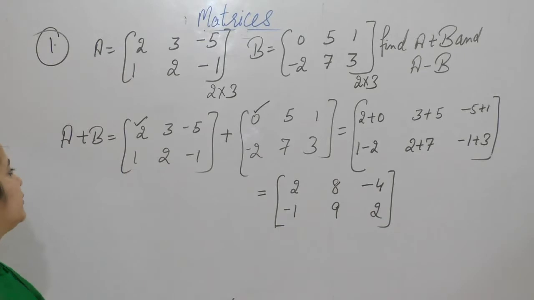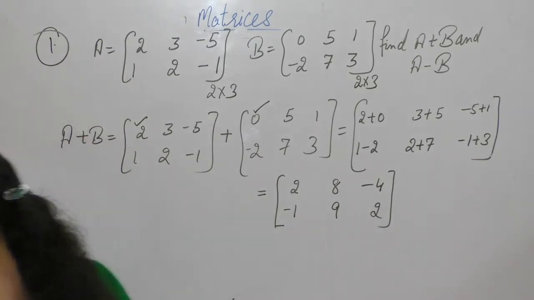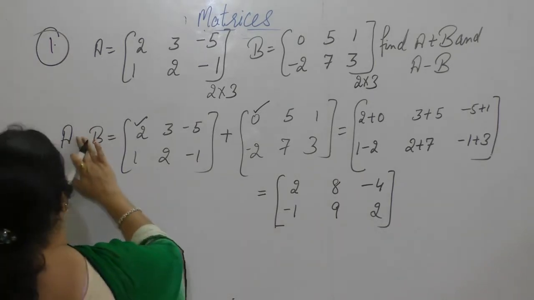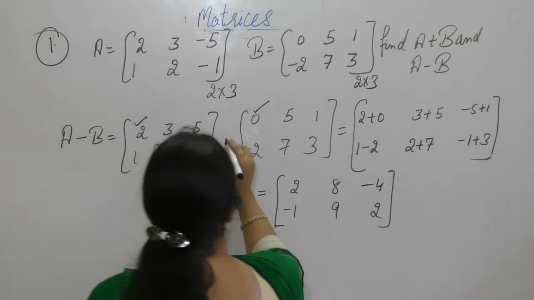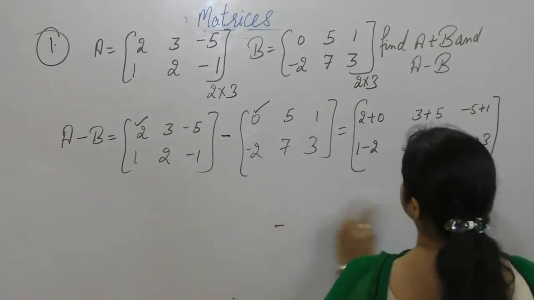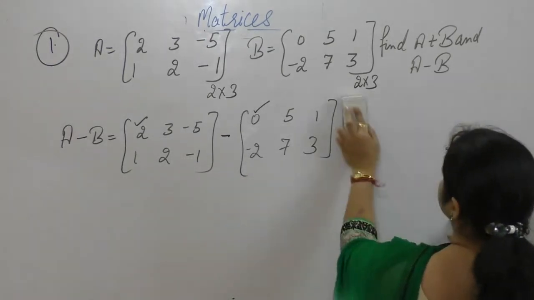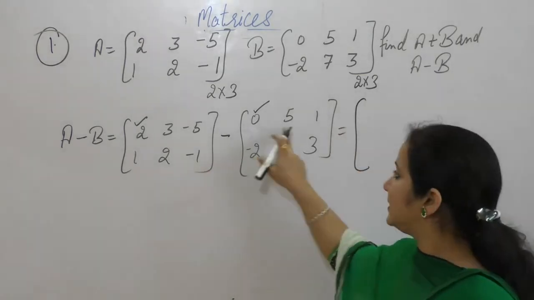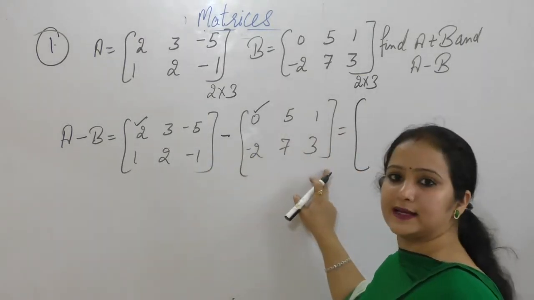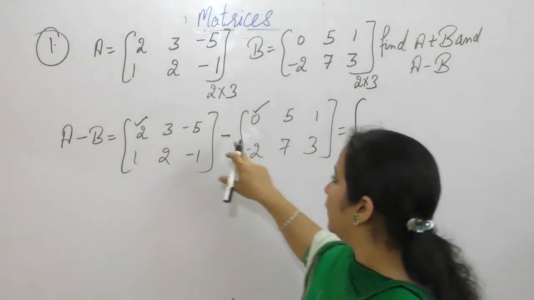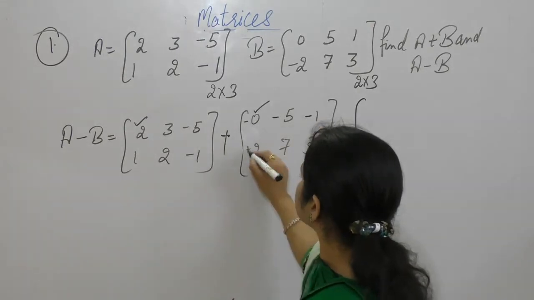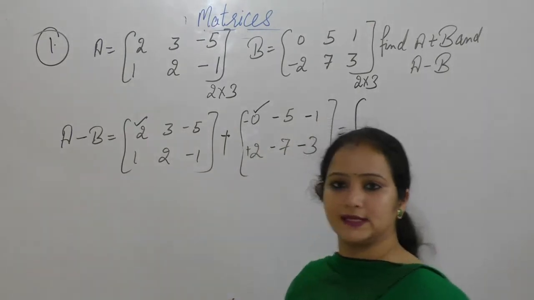Now next we want to find A minus B. Note up to here. A minus B. Now all the signs of this matrix B will change. If we write plus here, then all the signs inside will change.